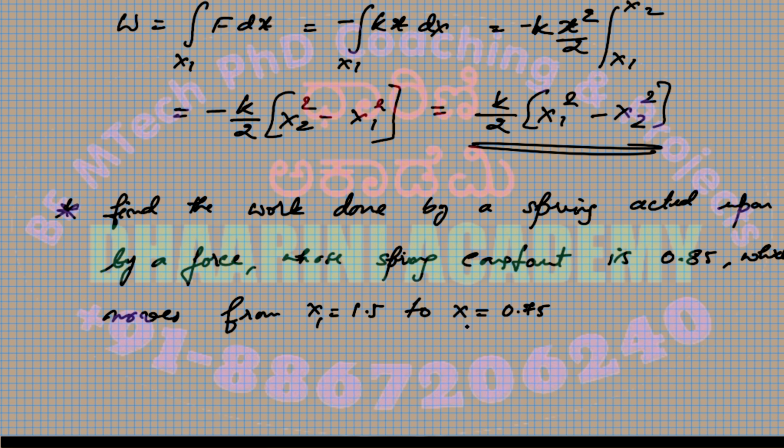This is x1, this is x2, right? Directly we know the answer. W is equal to k by 2. So 0.85 divided by 2 into 1.5 square minus 0.75 square.